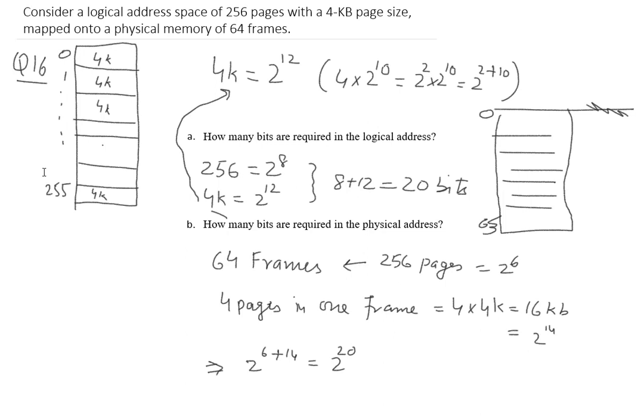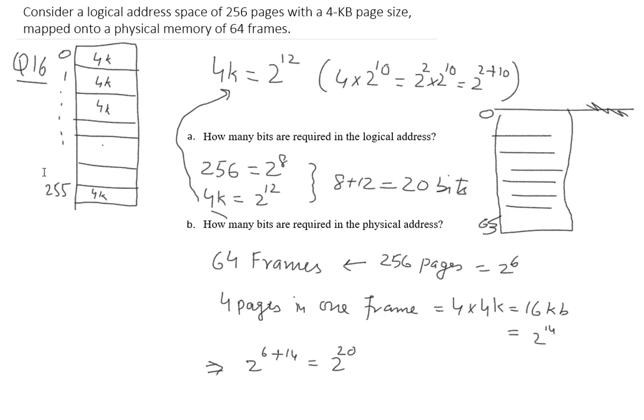Because we have 4 pages in one frame, and the size of each page is 4 kilobytes, for each frame we will have 4 multiplied by 4 kilobytes. This is equal to 16 kilobytes, and 16 kilobytes is 2 power 14. Just like here, 4 kilobyte is 2 power 12, 8 kilobyte is 2 power 13, and 16 kilobyte is 2 power 14.